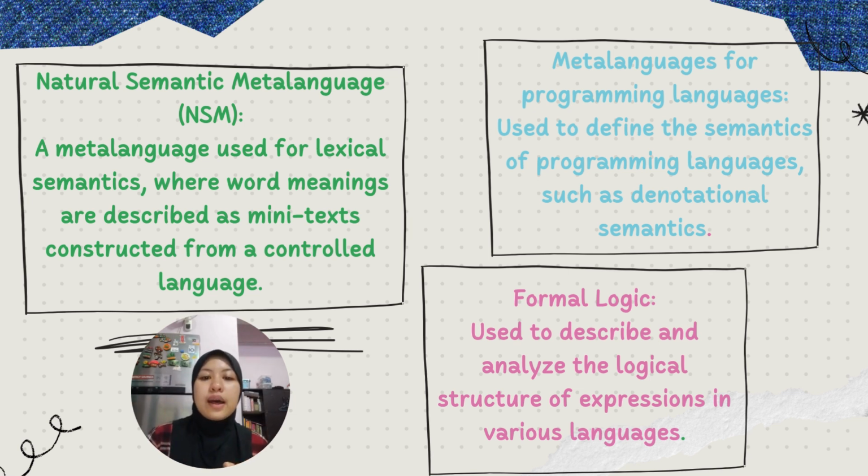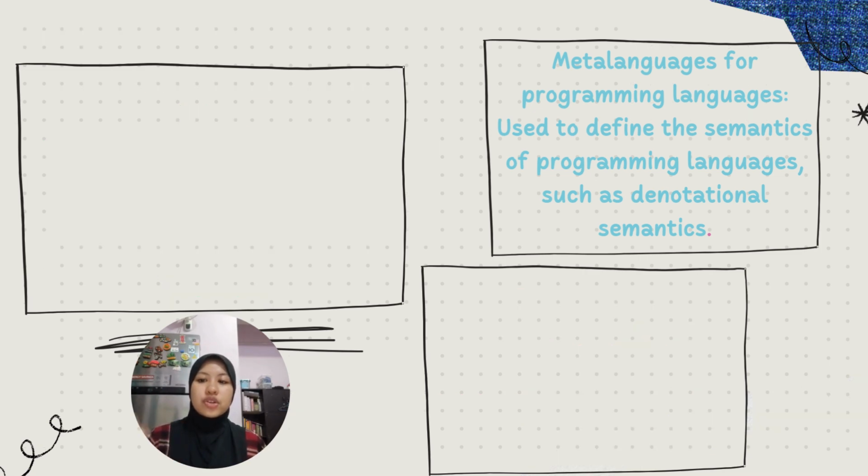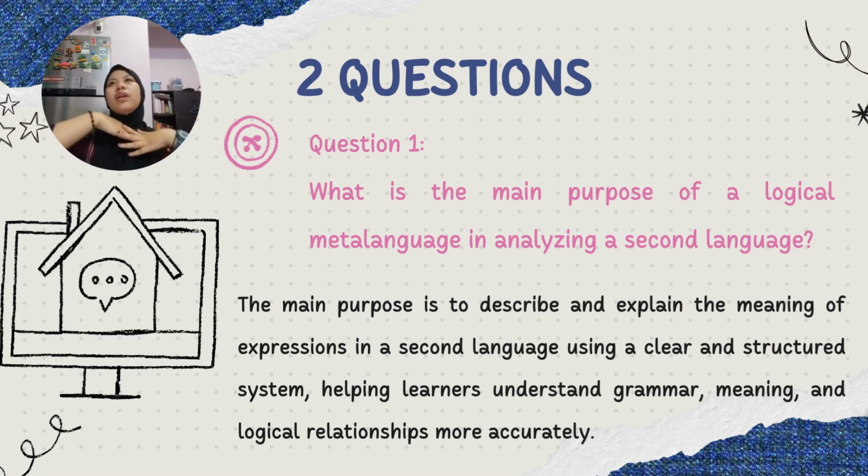The second one is a meta-language for programming languages, used to define the semantics of programming languages, such as denotational semantics. And the last one is formal logic, where meta-language is used to describe and analyze the logical structure of expressions in various languages.